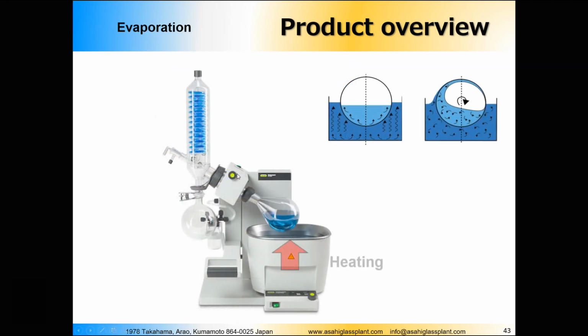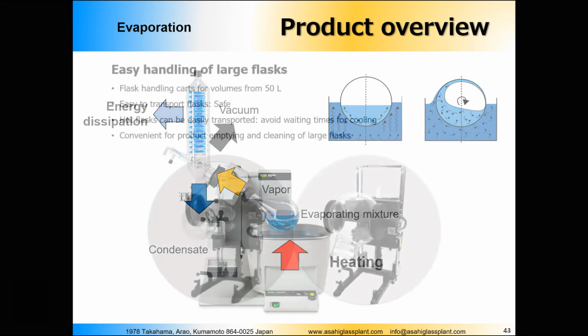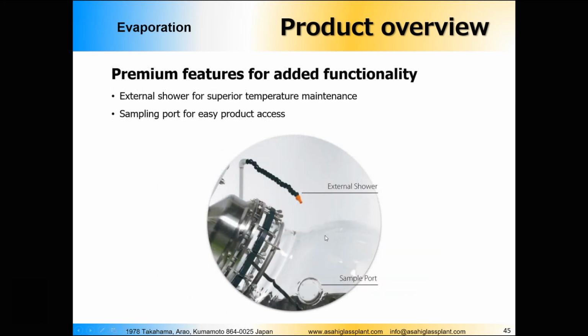By means of a very small pump, it takes the liquid from the bath and pumps it straight onto the top of the evaporating flask, heating up the flask with the media, either hot water or hot oil. It heats up the upper part of the flask. So this is important to keep the speed of the evaporation at a proper level.